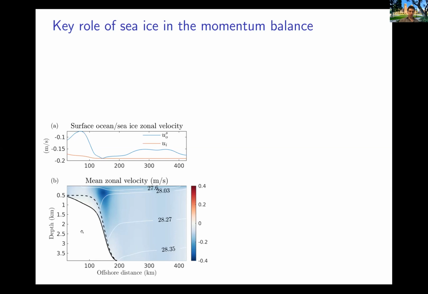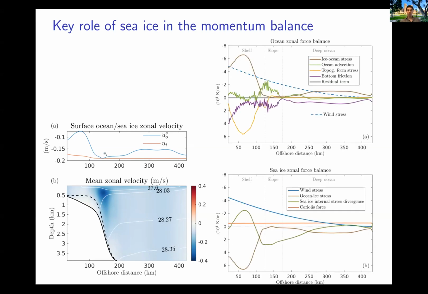So again, westward drift in the ocean everywhere, which is what you'd expect of the Antarctic slope current, with a maximum over the slope, also what you'd expect of a slope current. But more pertinently, the upper panel shows the mean speed of the ocean at the surface and the sea ice, which again almost perfectly match over the continental slope. And the advantage of this model is that it allows us to dig in and actually interrogate the model and understand really what's going on here.